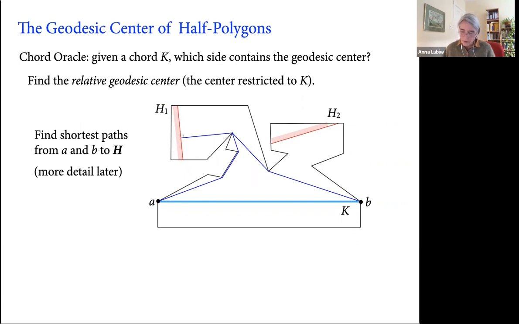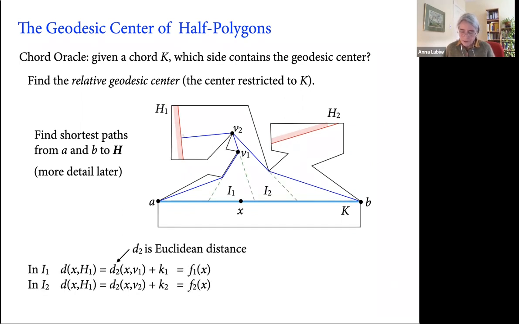But now we're going to think about what are the distances from points along the chord to that half polygon, and when are they combinatorially different? I've extended here the segments of the shortest path trees. If X lies within this interval I1, then what is my shortest path to the half polygon H1?